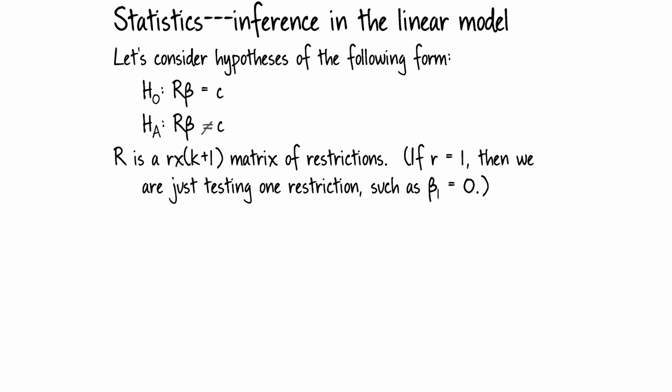And then the number of rows is the number of restrictions that we want to impose in our null hypothesis, the number of restrictions we want to test. So we could have a matrix where R is equal to 1, and then we're just testing one restriction. So that would correspond to something like beta 1 is equal to 0. Okay?